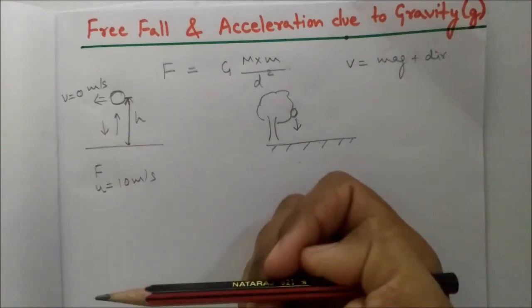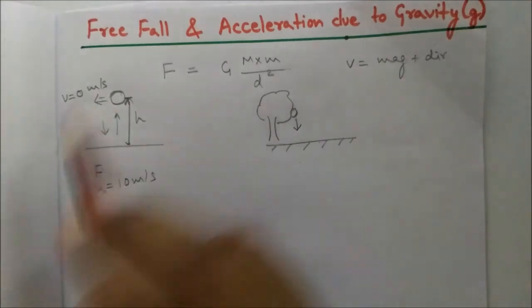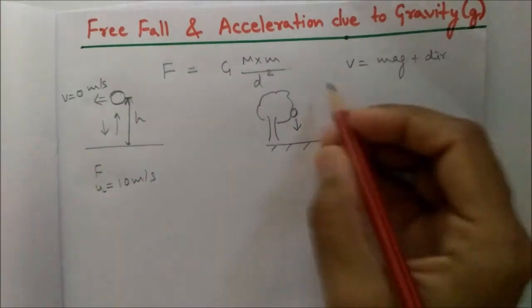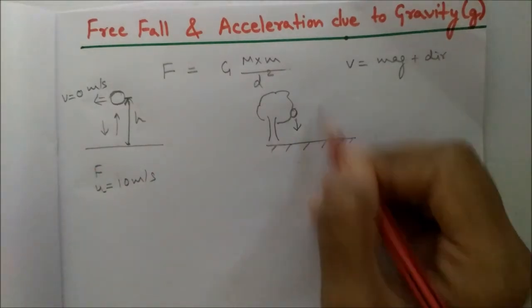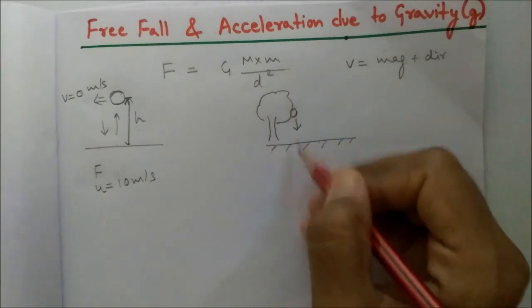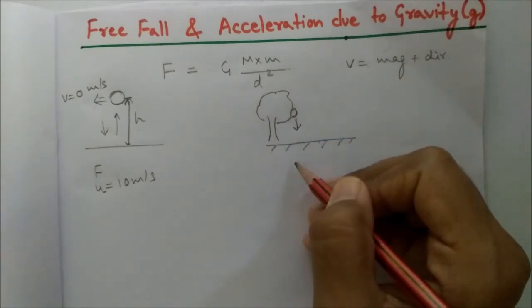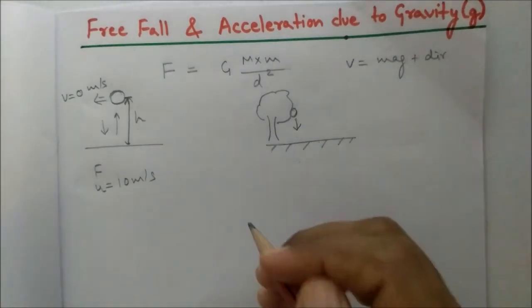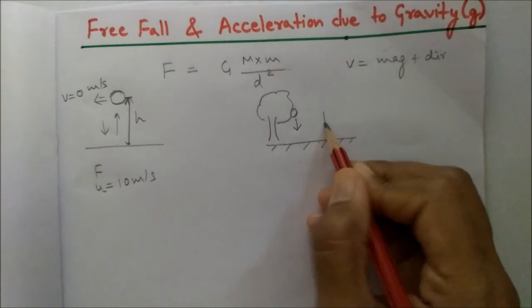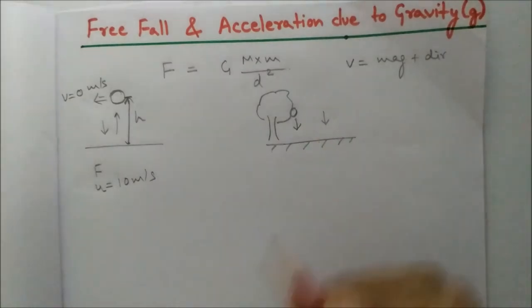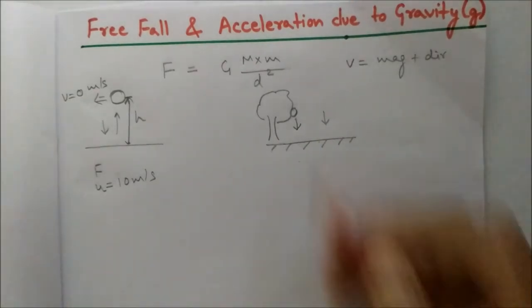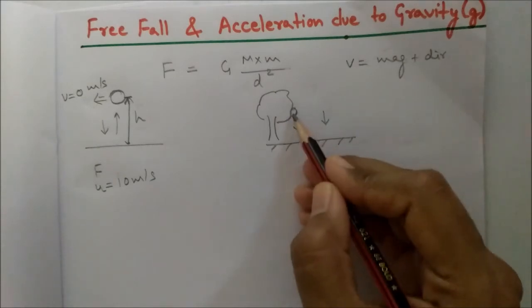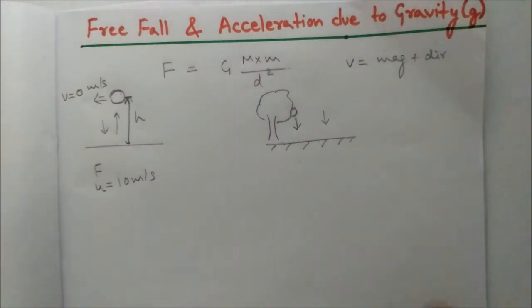When we throw an object in the upward direction, against gravity, there will be a certain retardation. The same way, when the object falls freely towards the ground with no other force other than the gravitational force of attraction, that means towards the downward direction, this gravitational pull will help the object come down.